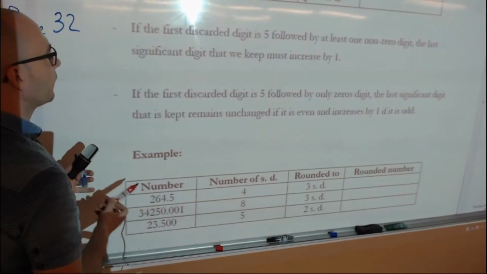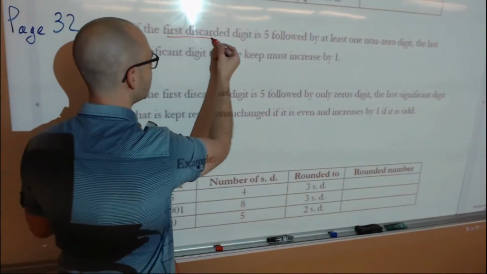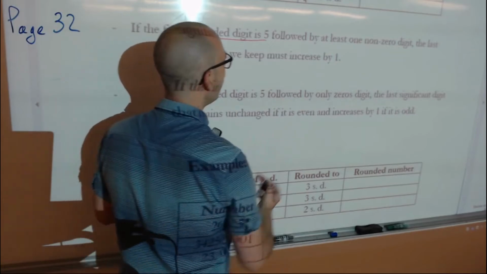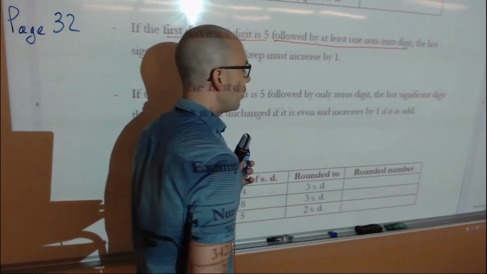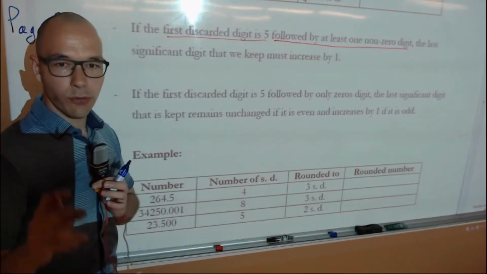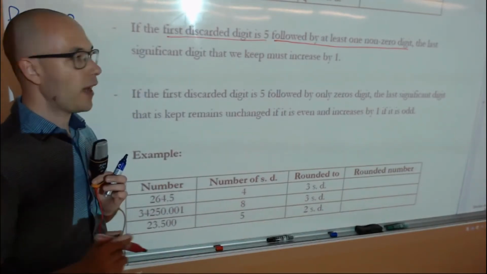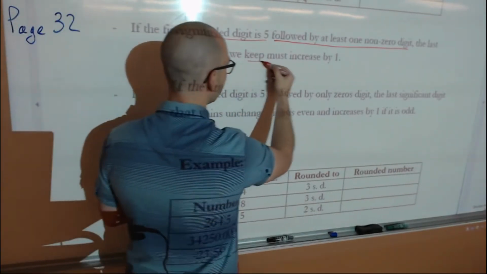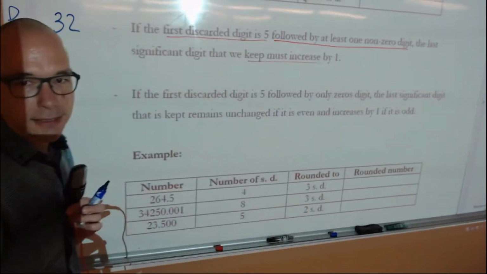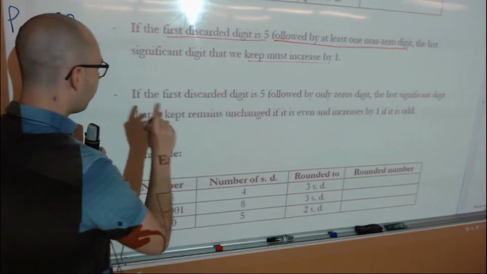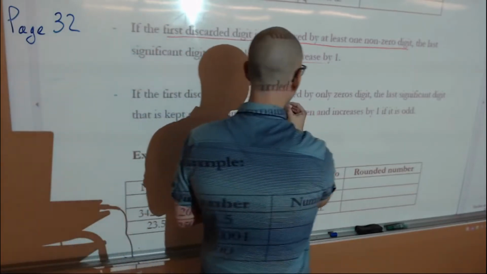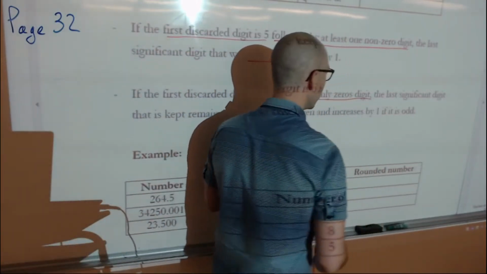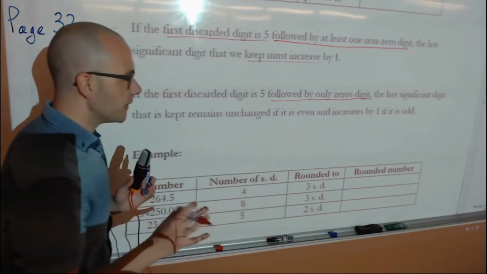If the first discarded digit is 5, followed by at least one non-zero digit, we use the rule for numbers greater than 5. So we must increase the last sig fig by 1. If the first discarded digit is 5, followed only by 0 digits, that's where it's a little bit trickier.